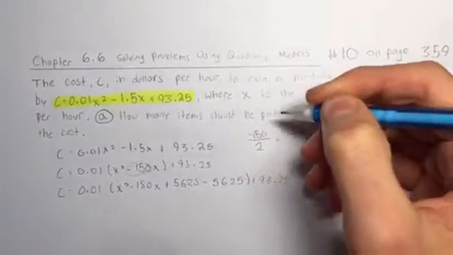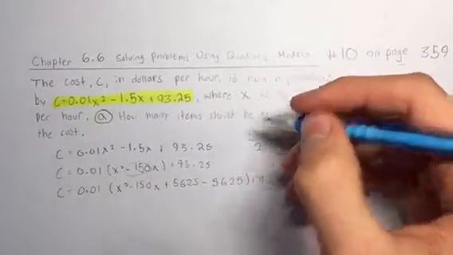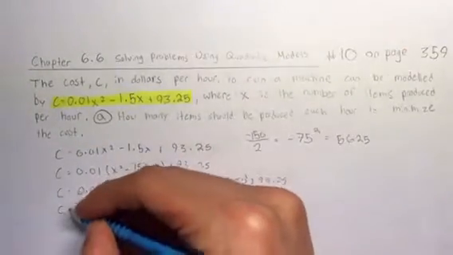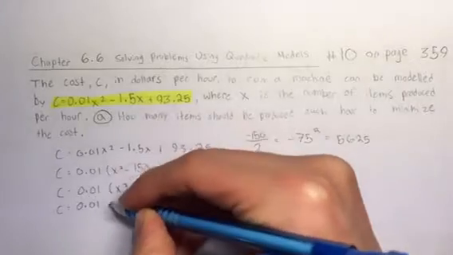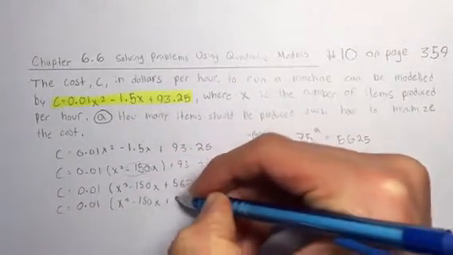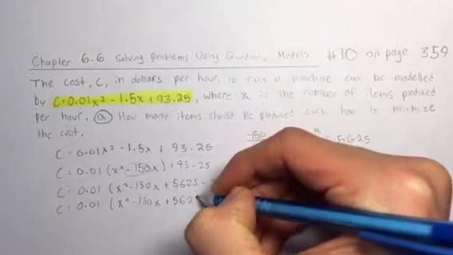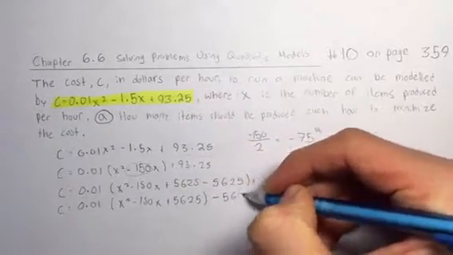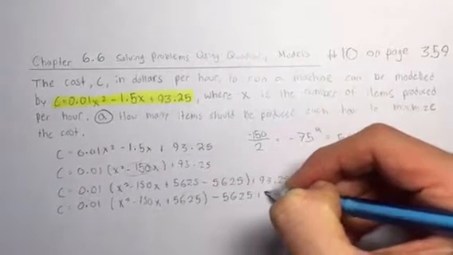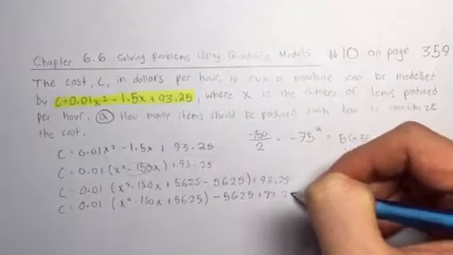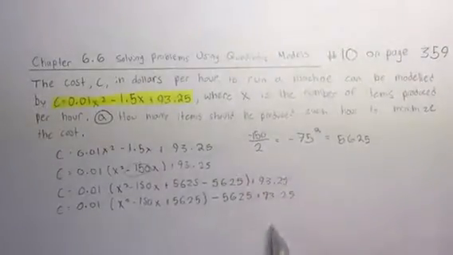Now we take the negative number and put it on the other side of this bracket. So we don't just solve this part right here.